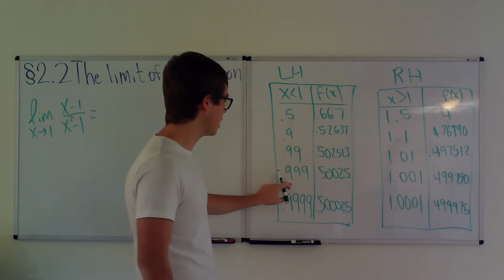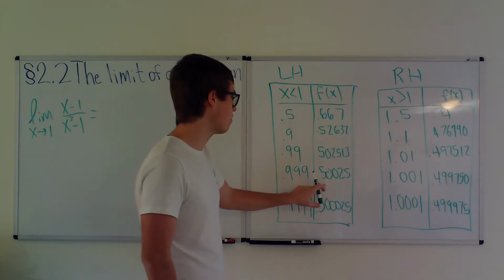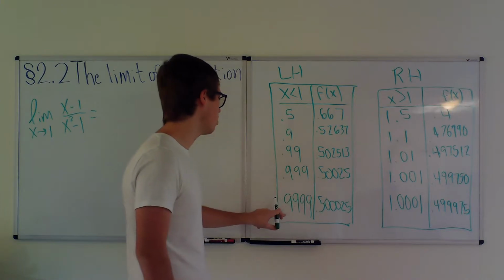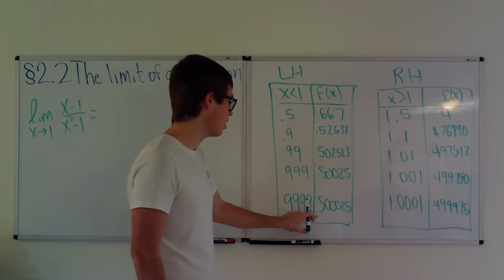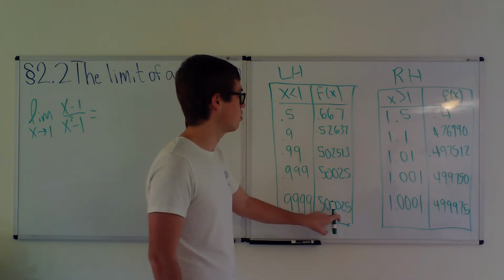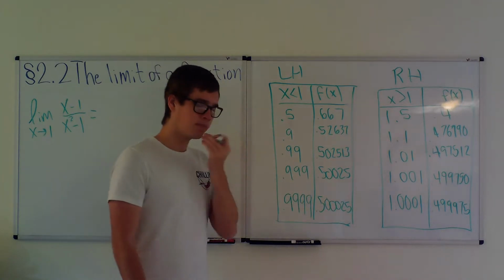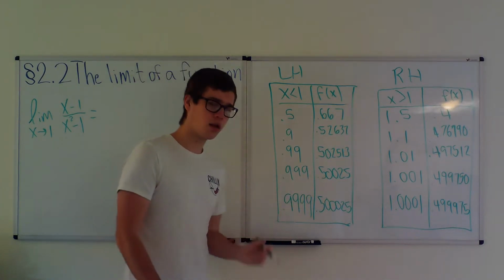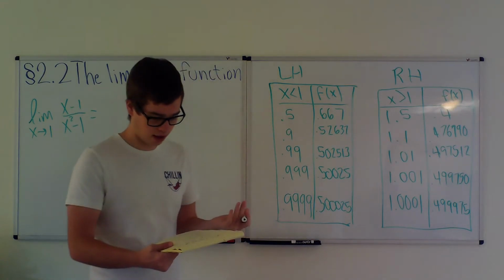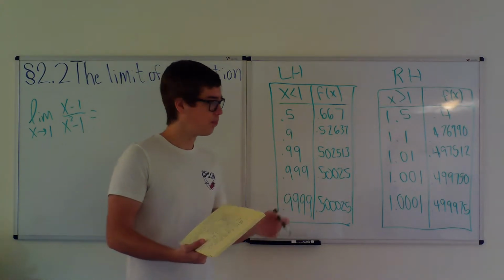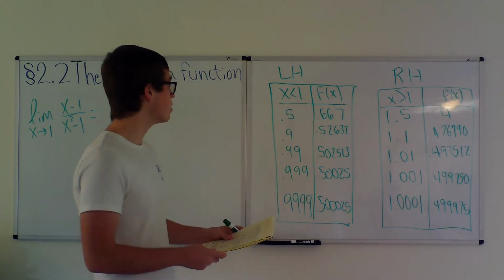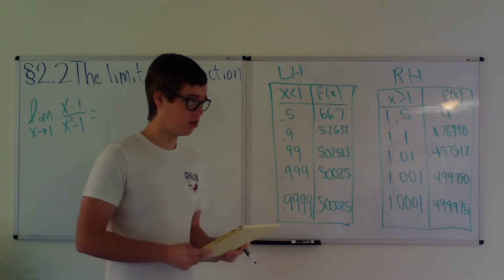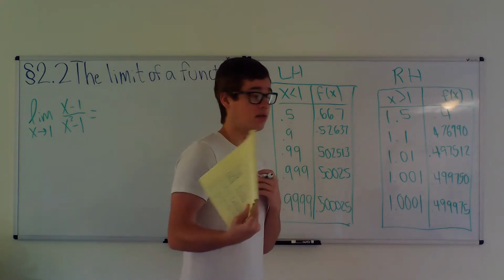So then you go 0.999, it's 0.50025. 0.9999, it's 0.50025. And it's starting to get closer and closer to 0.5. At least that's what it looks like, right? Well, if it does on both sides, then the limit is equal to 0.5. And spoiler alert, it is.